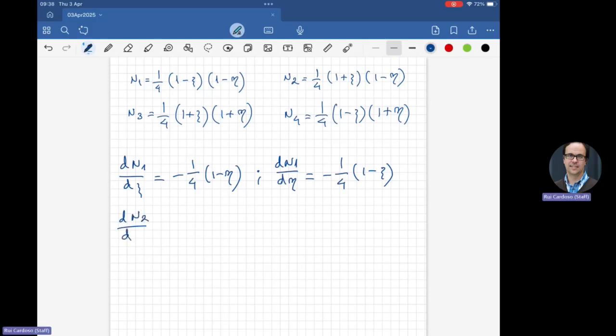Derivative of the second, this will become a little bit repetitive, but in order to c is going to be 1 over 4, 1 minus eta. In order to eta it is going to be equal to minus 1 over 4, 1 plus c, right? So if I have any mistake, please let me know here.